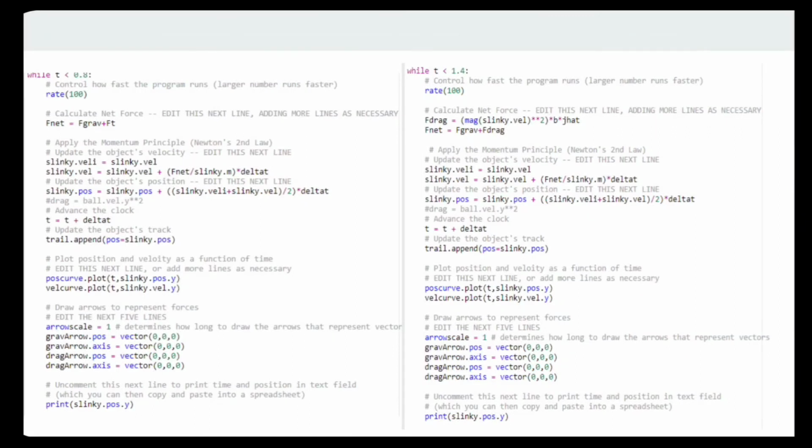And we plug this net force into the position and velocity update formulas using the momentum principle, and we will end up seeing that during this time period, the velocity and position do end up changing, and the velocity ends up not changing after terminal velocity is reached.